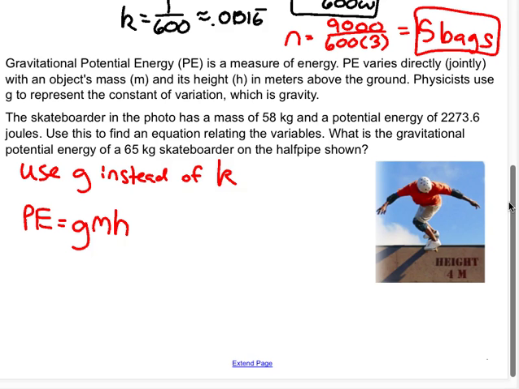All right, so we're given the potential energy of that person. We're given the mass is 58. And in the photo, it shows a height of 4 meters.